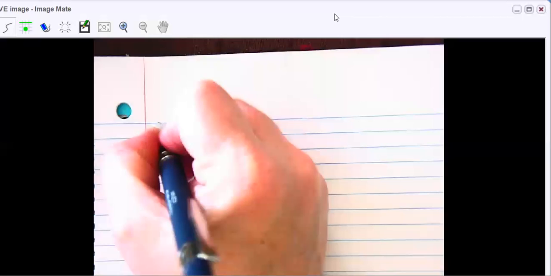So this one's going to be two triangles together. They're going to look kind of like a butterfly. I'm going to draw an X, something like that, and then we'll connect them.